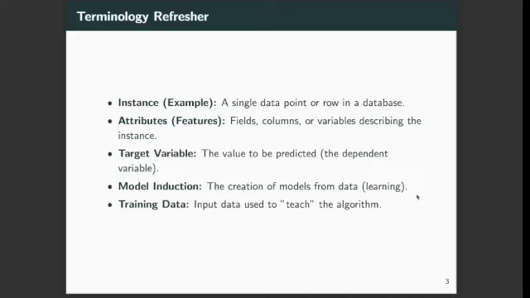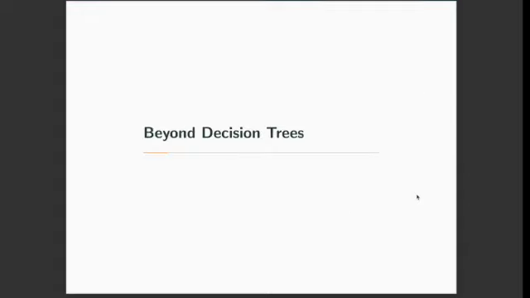The attributes or the features, or sometimes we also call them variables, are the columns that describe the instance, such as age or income. The target variable is what we want to predict. When we create a model from the data, we call that model induction. And the data we use to teach the algorithm is what we call the training data.